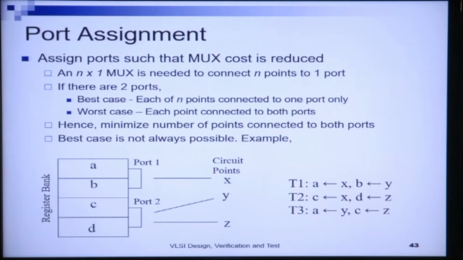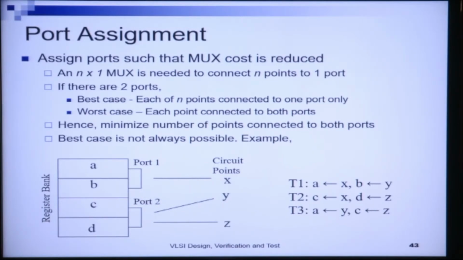Now I come to step 2. X was already connected to port 1. I can connect through the same port and put the value of X into C in time step 2. Now Z is another new circuit point. Let us say I choose port 2 for Z and do the register transfer Z to D through port 2.